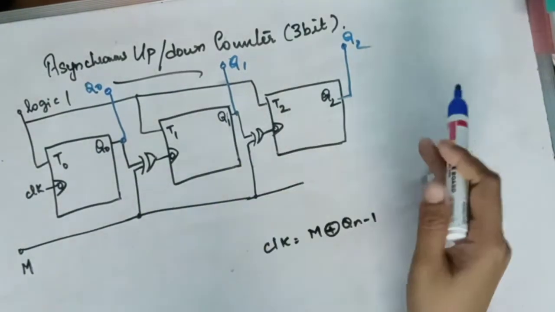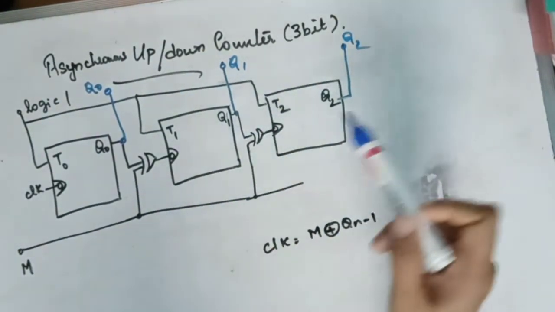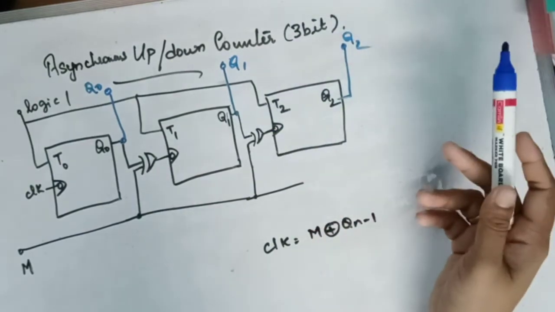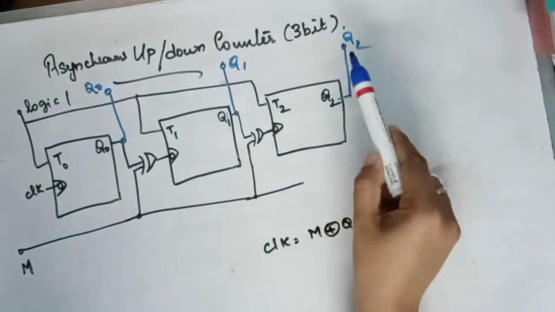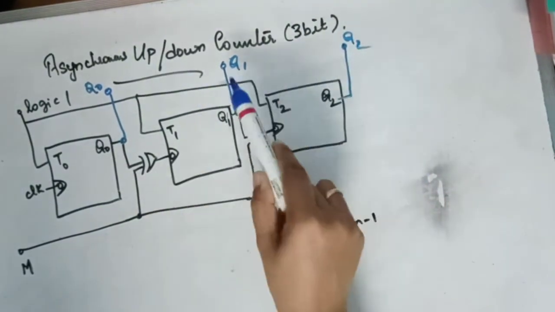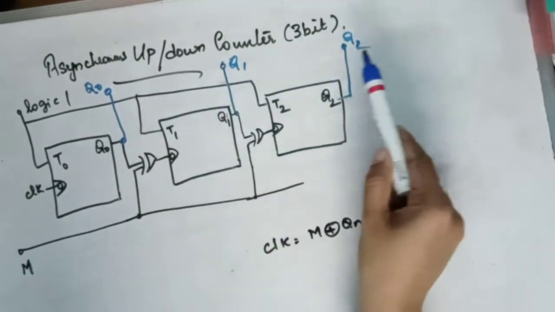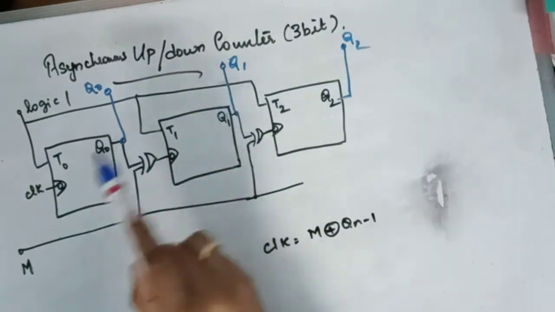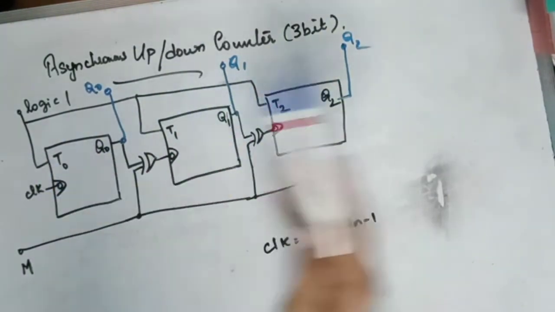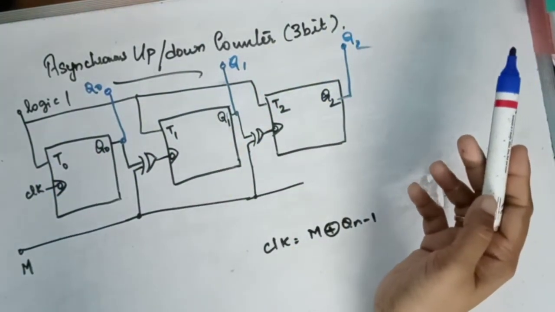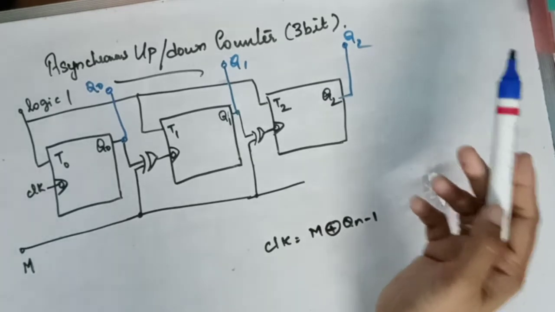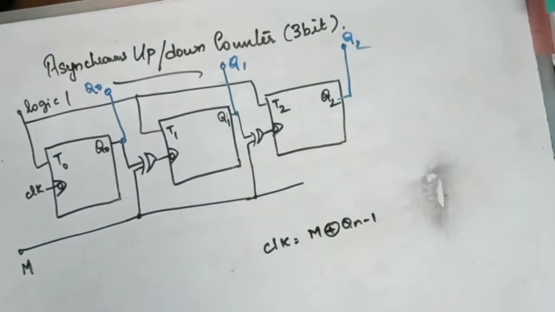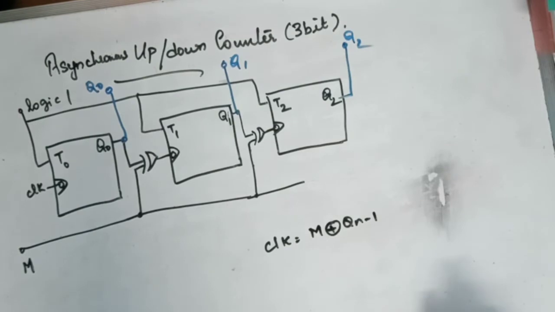I'm just drawing it the reverse way, but reading, it will be counting like 000, 001, 010, 011, likewise. You don't read it from left to right, you read it from right to left. So that is asynchronous up-down counter.